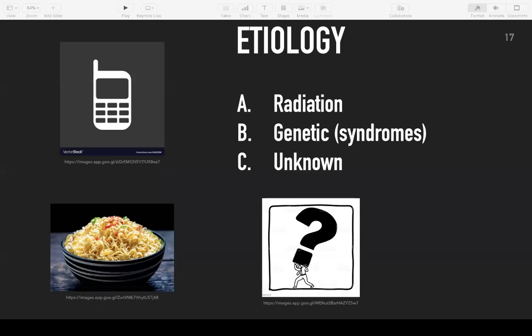So if we talk about the cell phone, there are multiple studies actually done about the relation between cell phones and brain tumor. However, there is no study that confirmed that using cell phones can cause brain tumors. Neither did any study confirm that certain types of foods can be related to brain tumors.